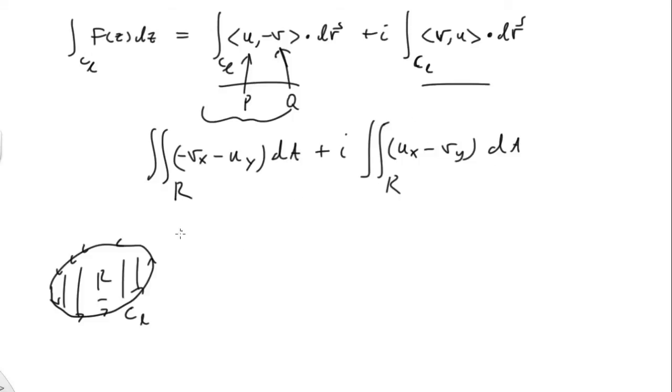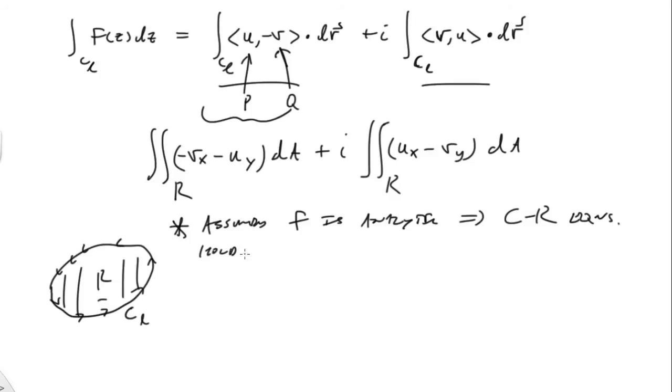Now remember, we've assumed that f is analytic. Therefore, the Cauchy-Riemann equations hold, and that means that ux equals vy and uy equals negative vx.